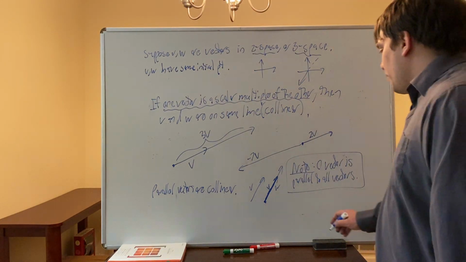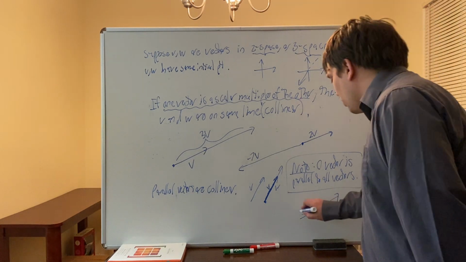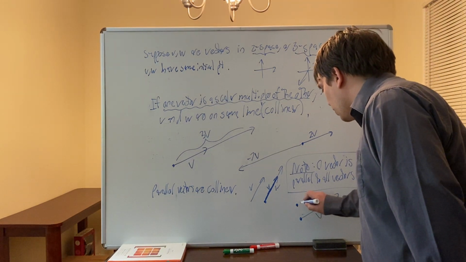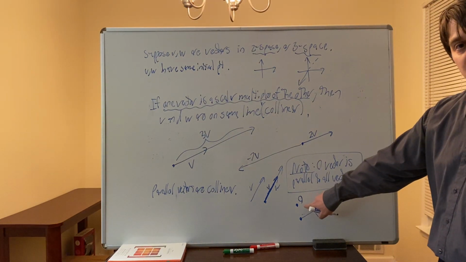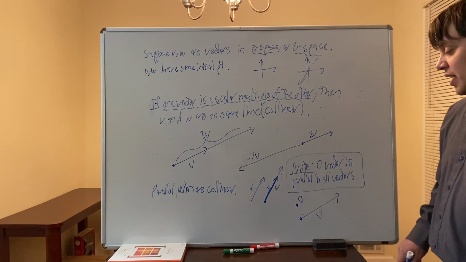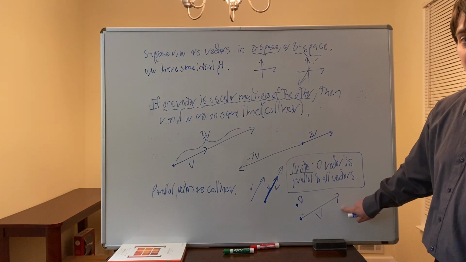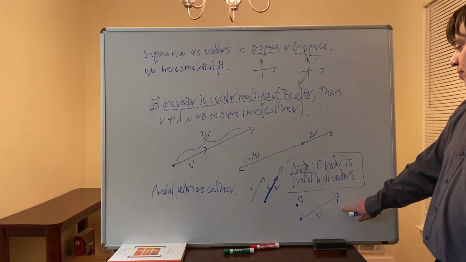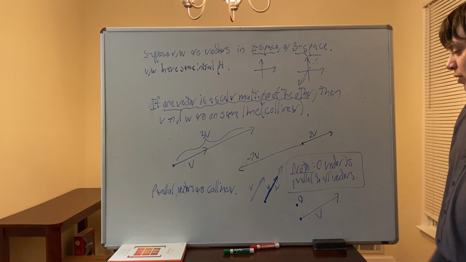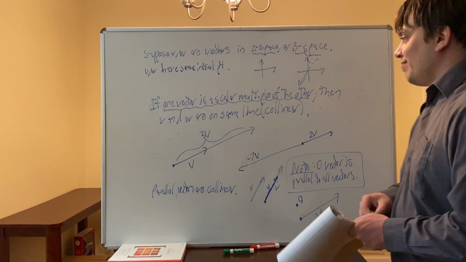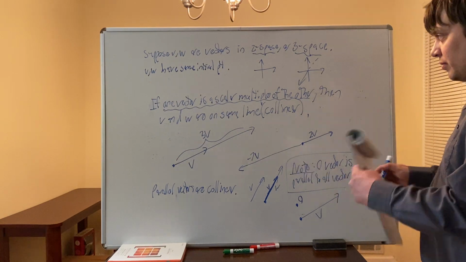If you take any given vector v, you can take the zero vector, which I'll denote as a point, with zero magnitude. I can assign this zero vector to be in the same direction as v, and then they're parallel vectors, and they're also collinear. So the zero vector is parallel to all vectors. Okay, let's keep going.